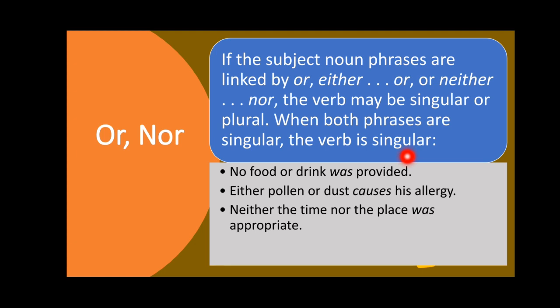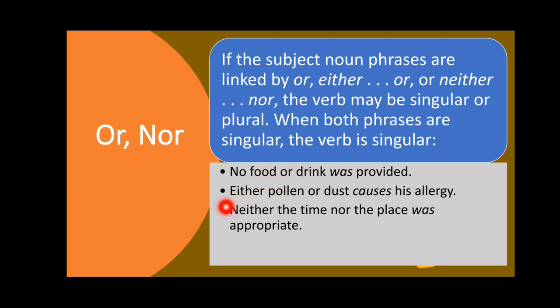So you will understand if I give you an example. No food or drink was provided. You can see no food, which is a singular subject noun phrase, or drink, again a noun phrase, was provided. So we use a singular verb when the two noun phrases are linked with the conjunction or, right?